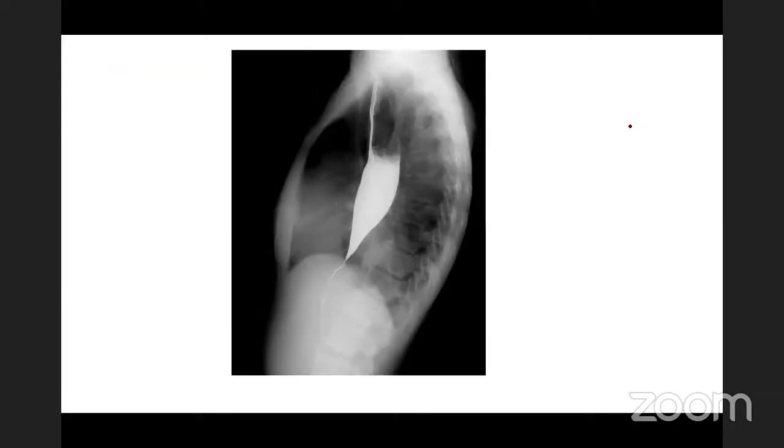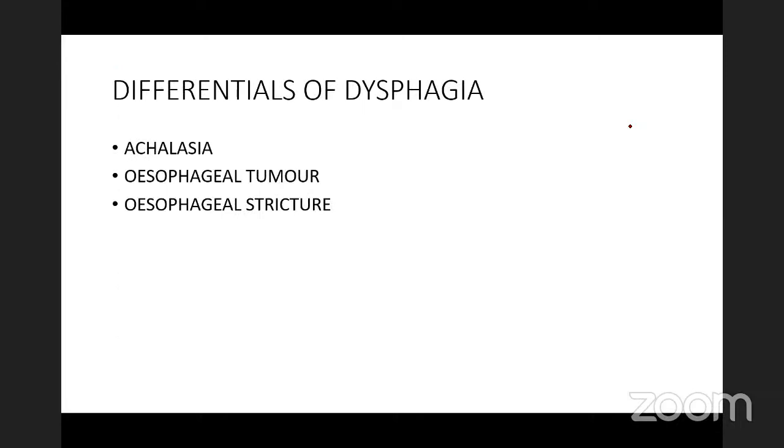Before we go into achalasia, you should know the difference in the history of a patient with achalasia and a patient with esophageal tumor.